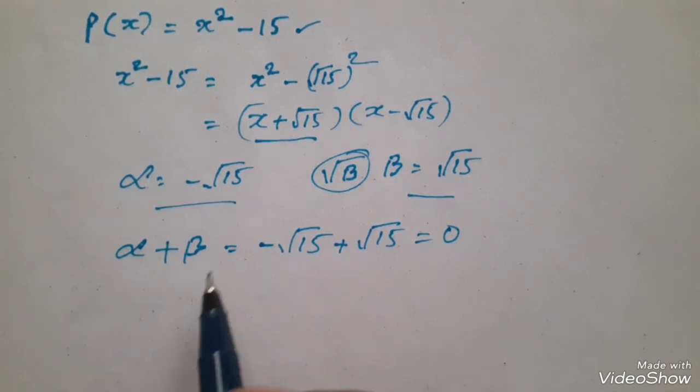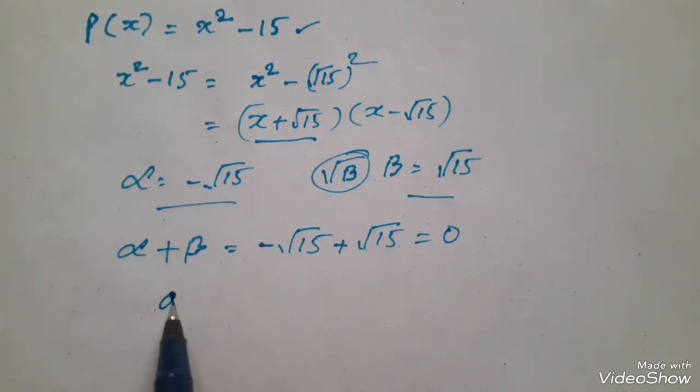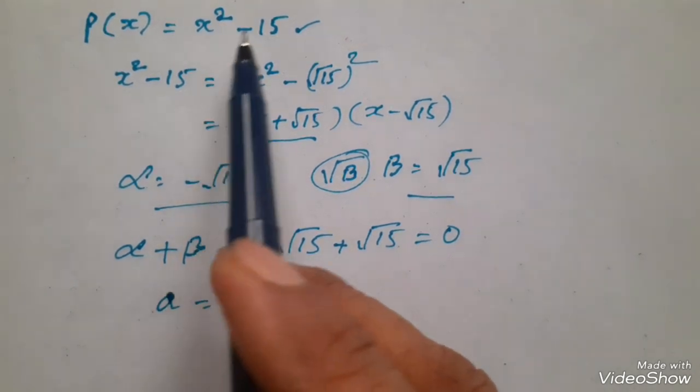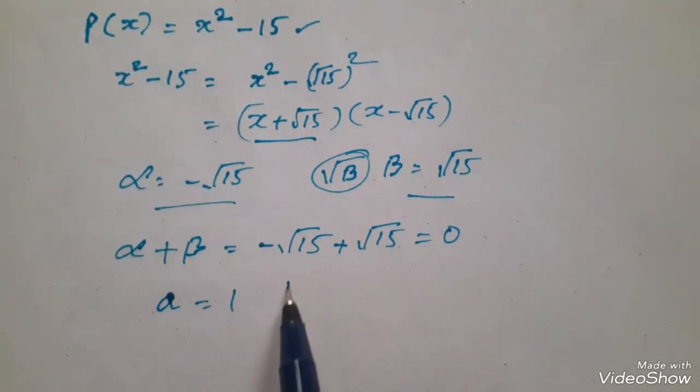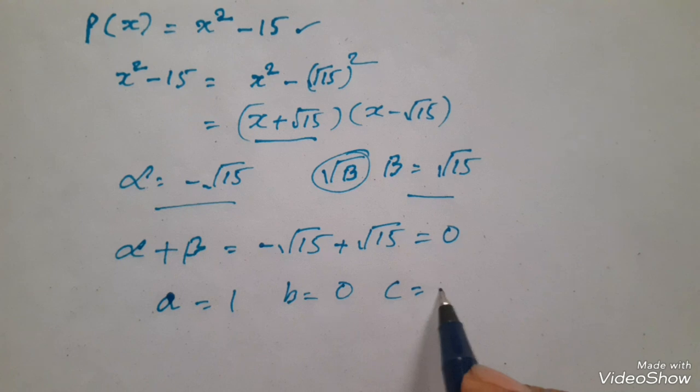So what is the coefficient here? The coefficient of x square is a, which is equal to 1 here. Here there is no coefficient of x, so b equals 0, and c equals minus 15.